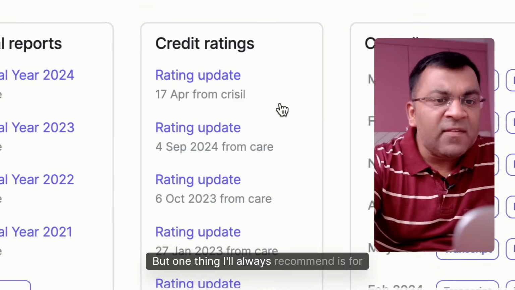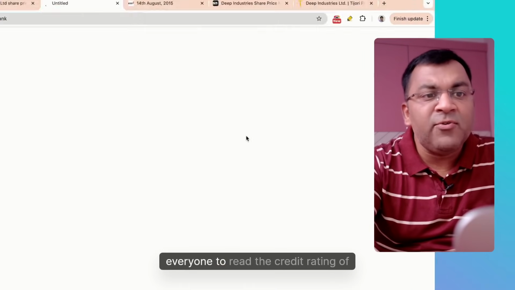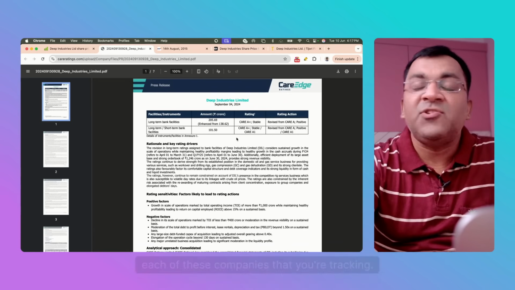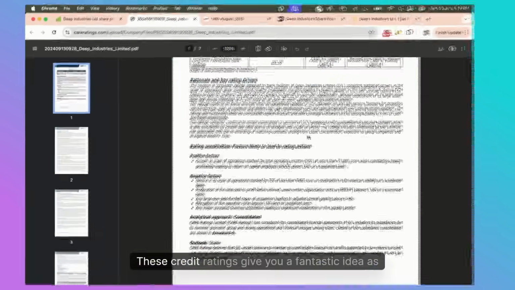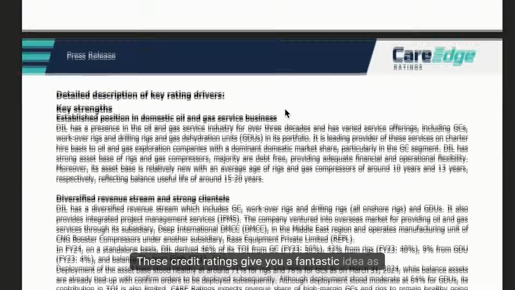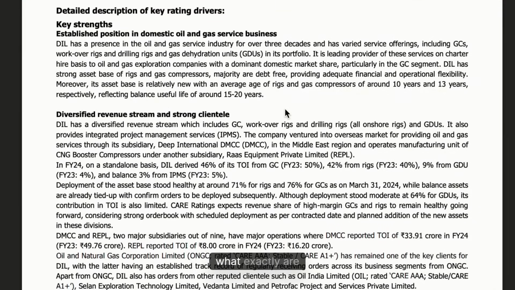But one thing I'll always recommend is for everyone to read the credit rating of each of these companies that you're tracking. These credit ratings give you a fantastic idea as to what exactly are the factors that help the company, and also the headwinds for the company.